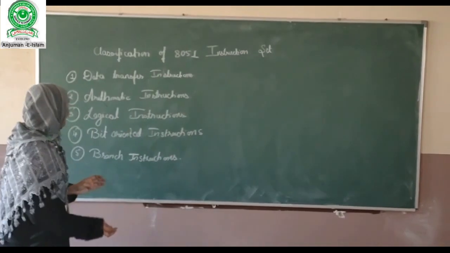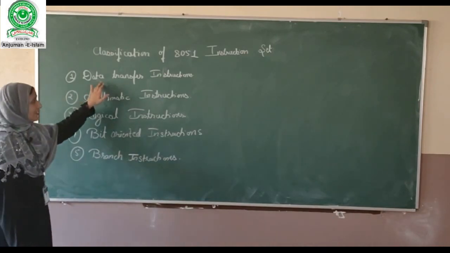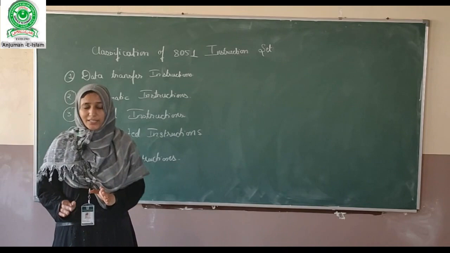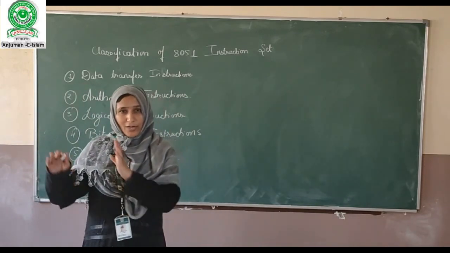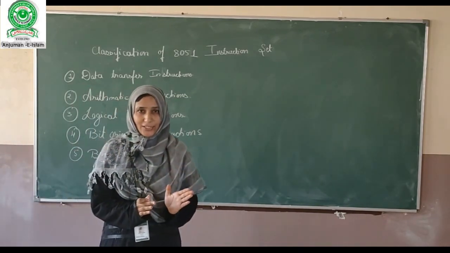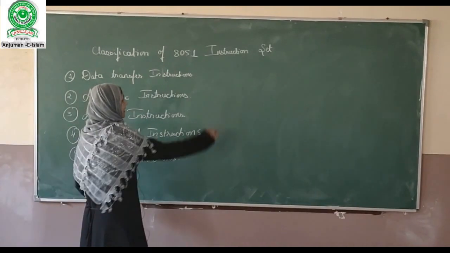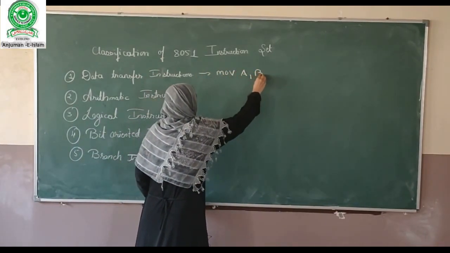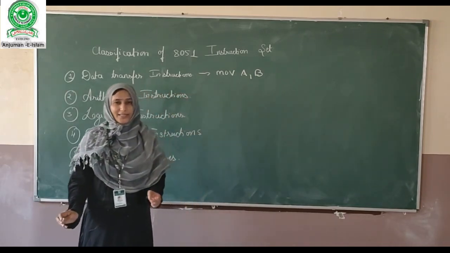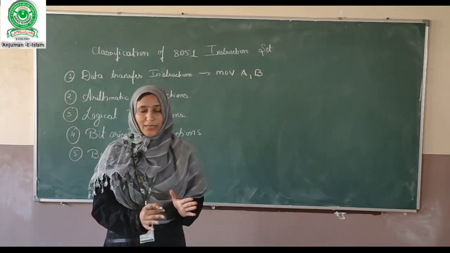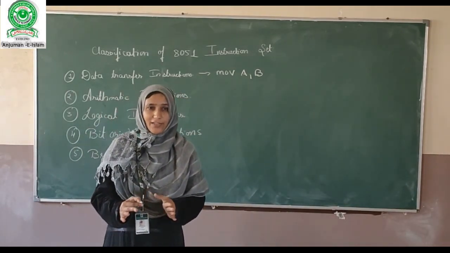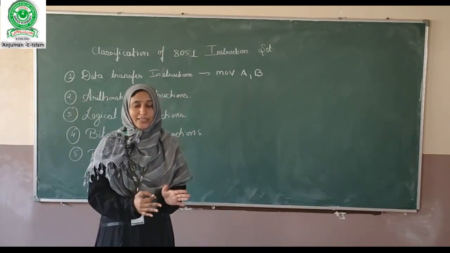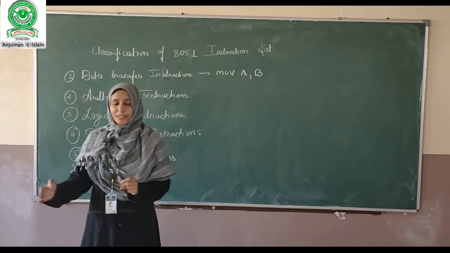Now, let us go for the first one, the data transfer instruction. These are those instructions in which the data will be transferred from the source to the destination. For example, I think you might have studied the block diagram of the microcontroller, in which you know the registers, the accumulator, register B, all the special function registers and all.